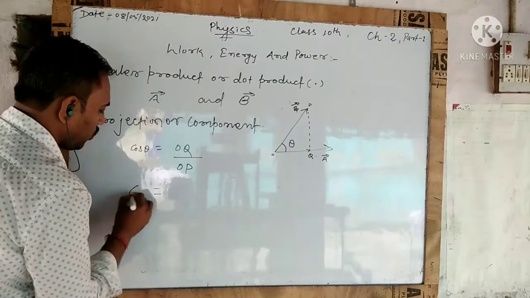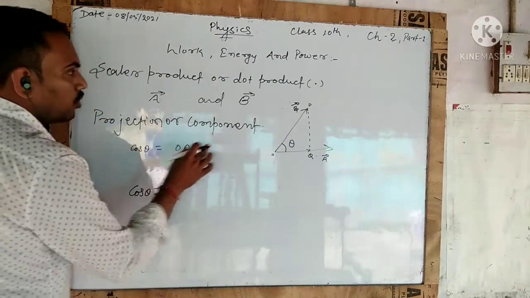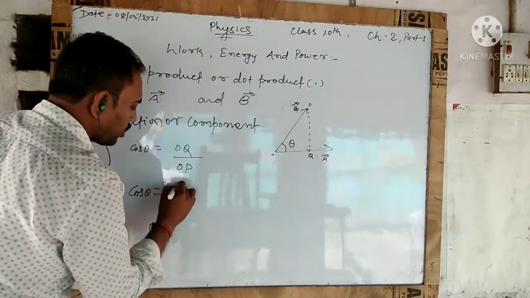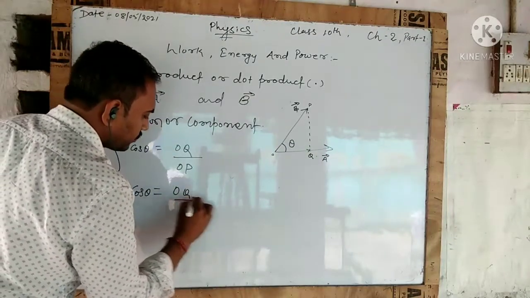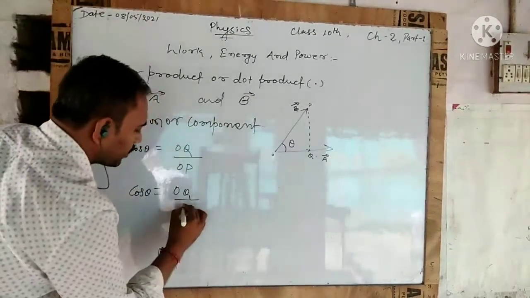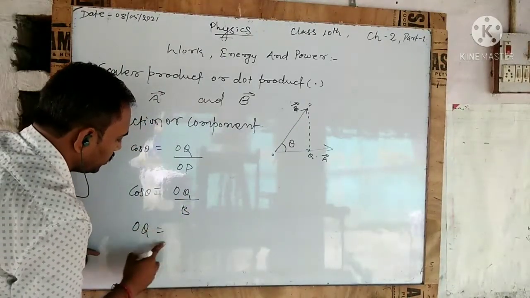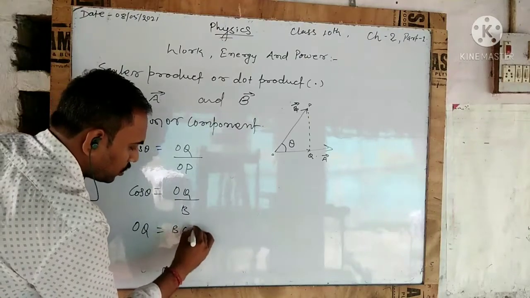So cos theta is equal to OQ upon OP. Let's say OQ is our component. OP is equal to the magnitude of B. So OQ is equal to B cos theta.